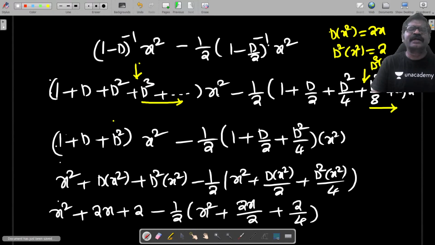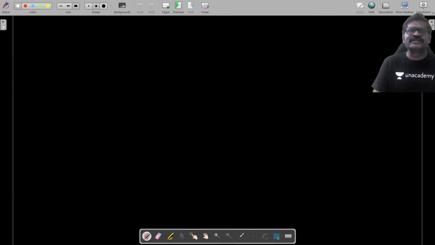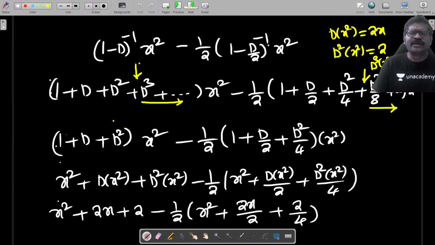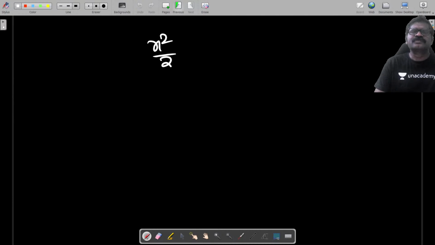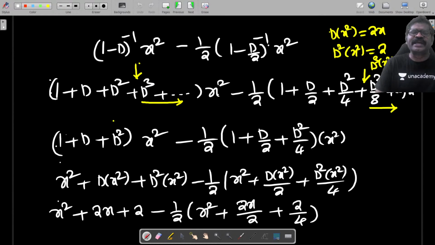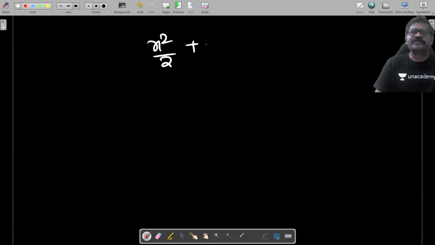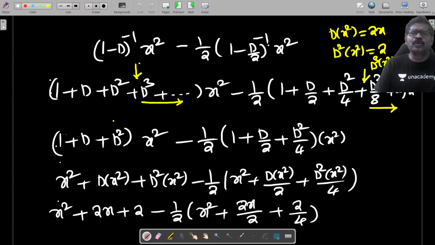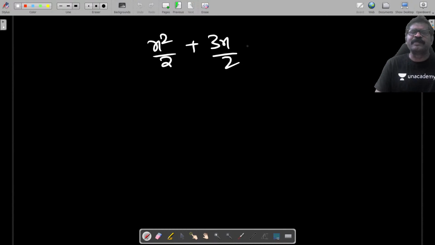Continuation. x square minus x square by 2, x square by 2. 2x minus x by 2, 3x by 2. Plus 2 minus 1 by 4, 7 by 4.